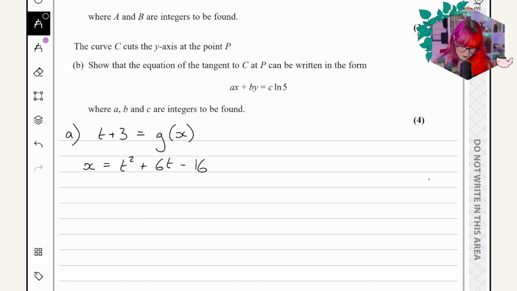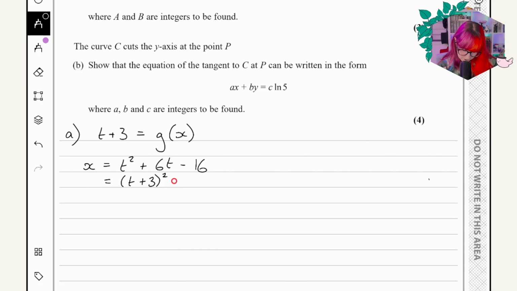And what can we do with that? We could complete the square with it, because that would give us the t plus 3 actually. So that would be t plus 3 all squared.